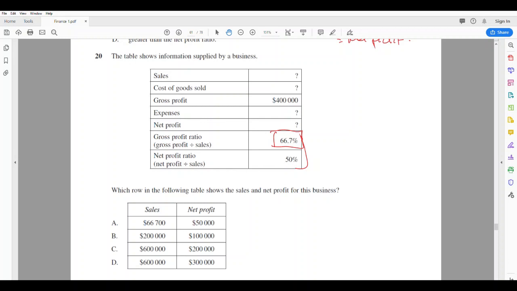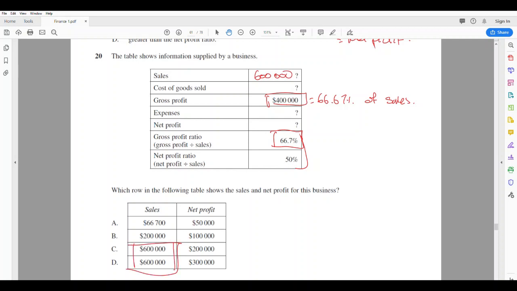So our gross profit of 400,000 equals 66.67% of sales. You don't really need to be a genius to figure out what our sales would be. 66.67 is 2/3. An extra third would be 600,000. That's pretty simple. So we know our sales is one of these now.